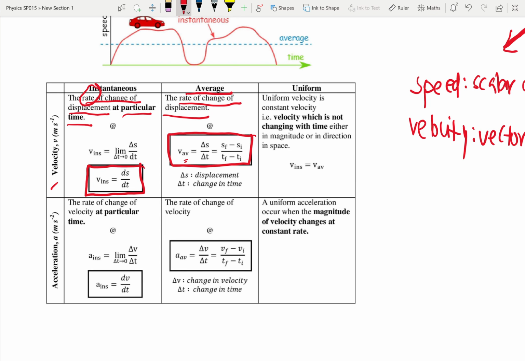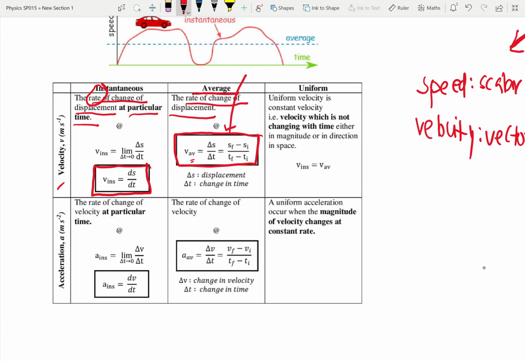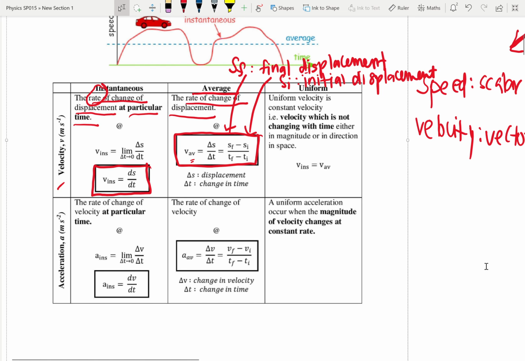Sf is the symbol for final displacement, and si is the symbol for initial displacement.